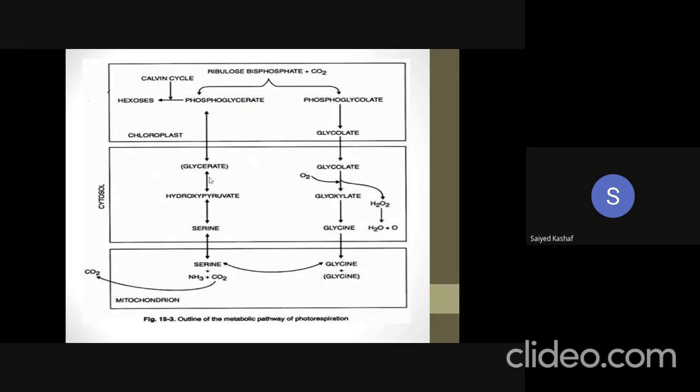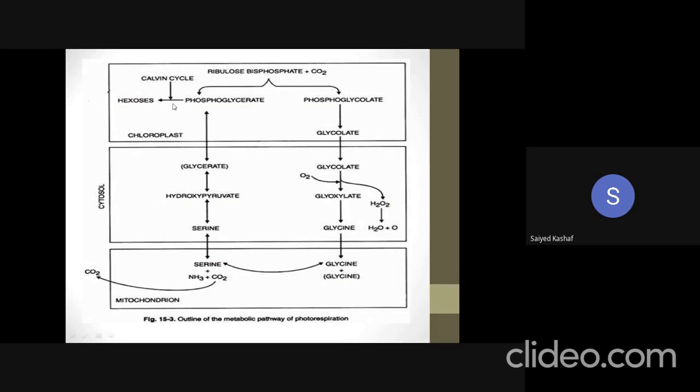So, firstly, we will start with ribulose bisphosphate. We know that when this RuBP binds with CO2, it forms phosphoglycerate and carries out the process of the Calvin cycle, and through a series of mechanisms it forms hexose sugar, which is a useful product, right?